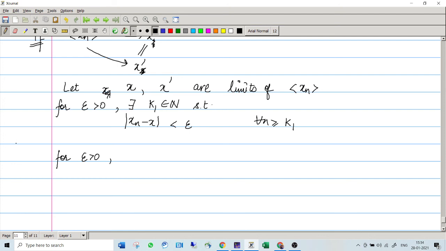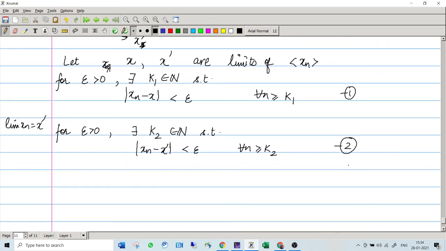Because यही काम हो रहा है with xn की limit as x dash, we can say again for epsilon greater than 0, there exists some other number k2 such that xn minus x dash is less than epsilon for every n greater than or equal to k2। ये दोनों चीजें ठीक है? ये बात समझ में आई?